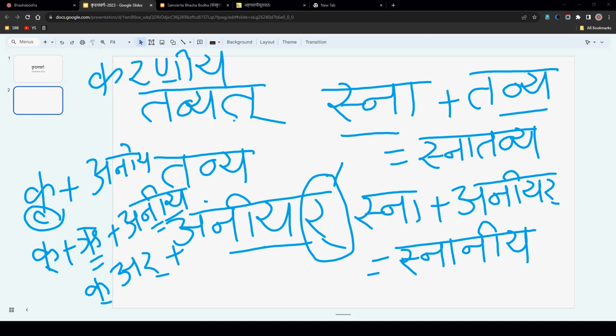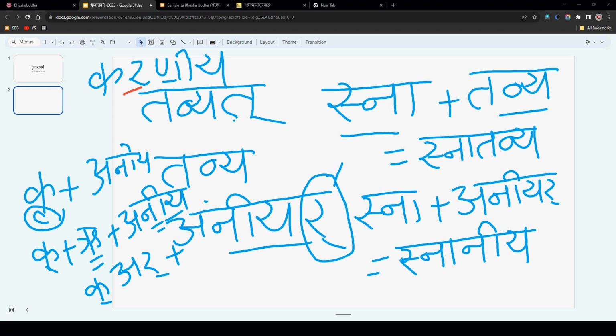This na changes to na. You already know that. Why does it change na to na? It's because of this refa. Because there is a ra. Karaniya, just similar to ramaniya, like rama.